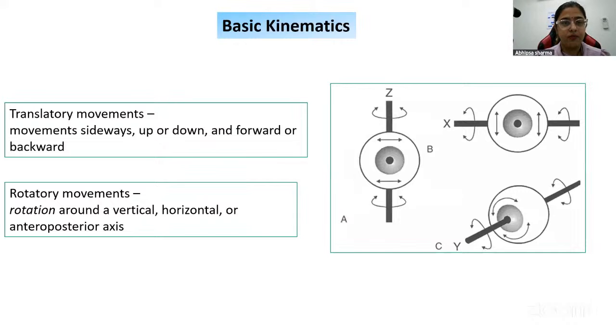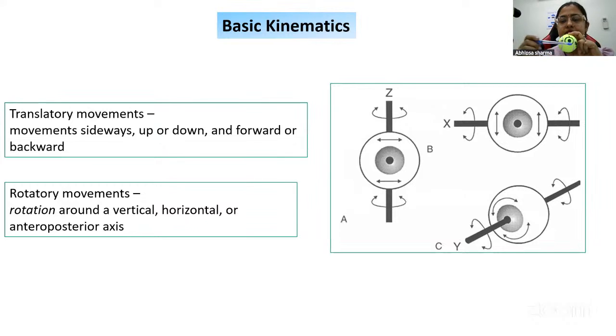Basically, we are talking about a spheroidal body. I have a ball here, which I will be using to represent the eye. According to the basic kinematics, there are three axes for this eyeball. This is the vertical axis or the z axis around which the eye can rotate inward or outward.